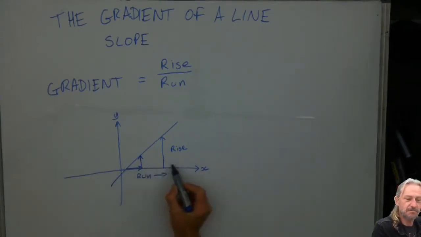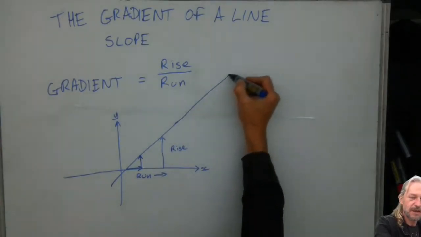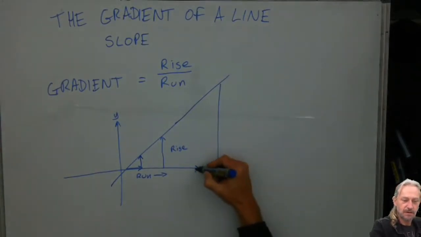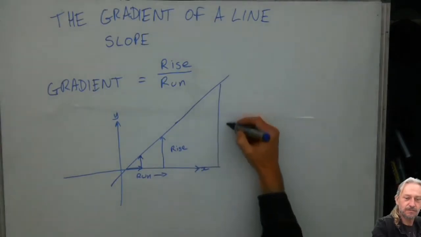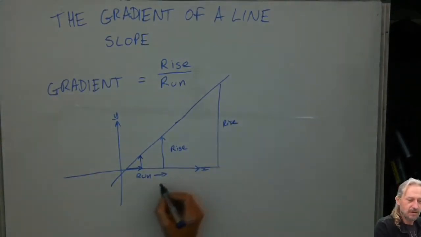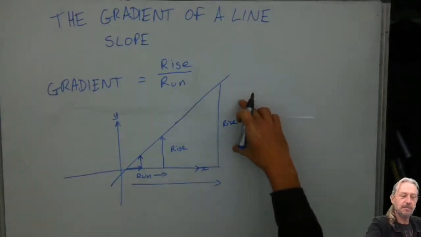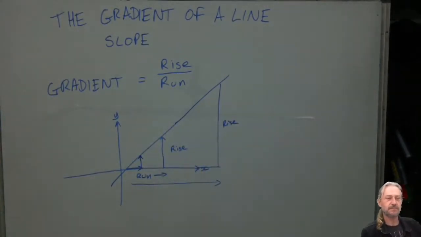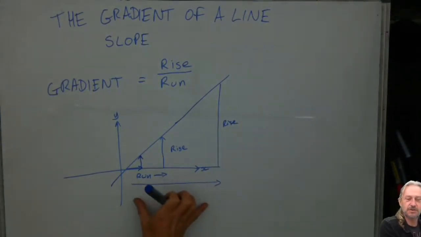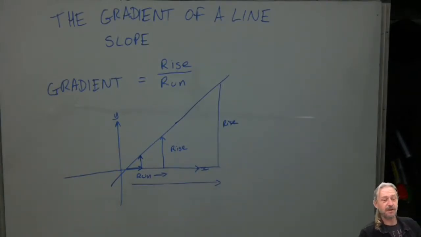So imagine making a triangle. If I kept going, we have this triangle overrun that way. It doesn't really matter which distance you use, as long as you're consistent with the triangle that you make from the graph.